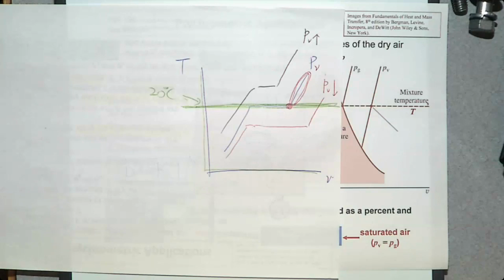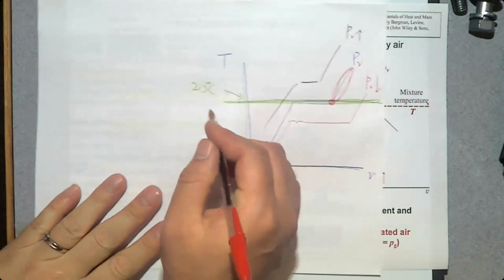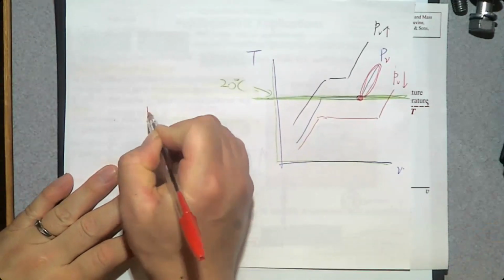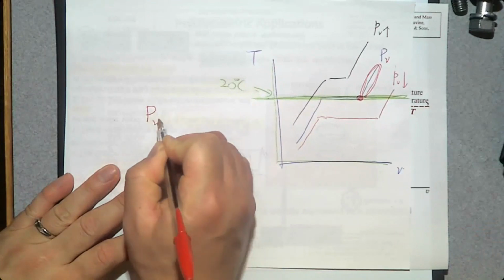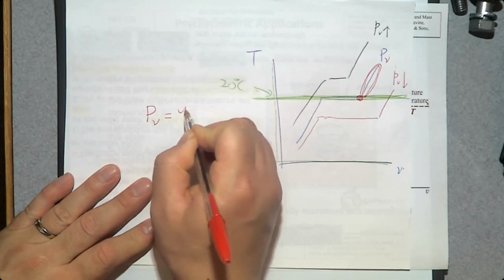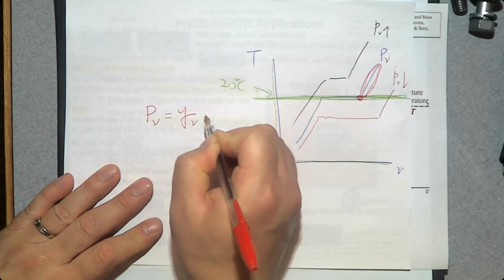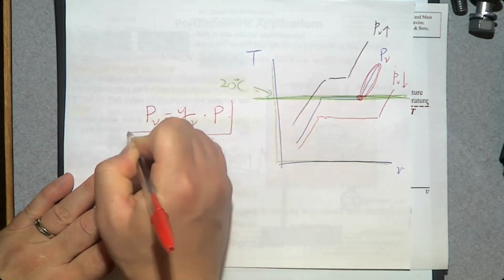So if humidity goes down, that means you have a lesser amount of water vapor than the maximum amount. So the partial pressure of water vapor goes down. Make sense? Look at this one. The partial pressure of water vapor can be determined by the mole fraction of water vapor times the total pressure.